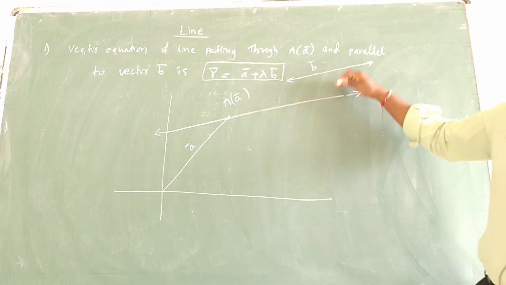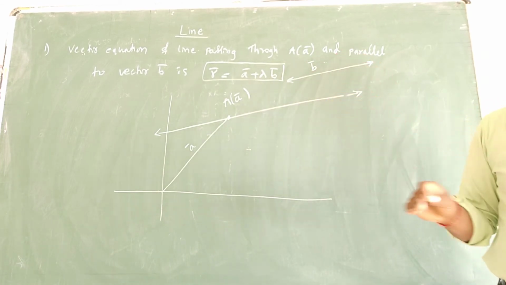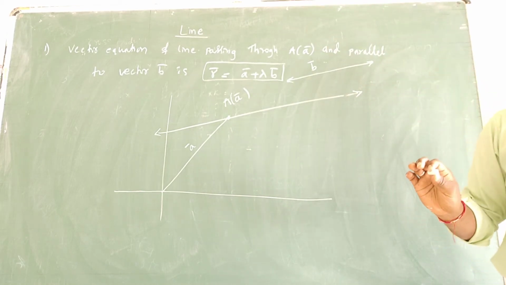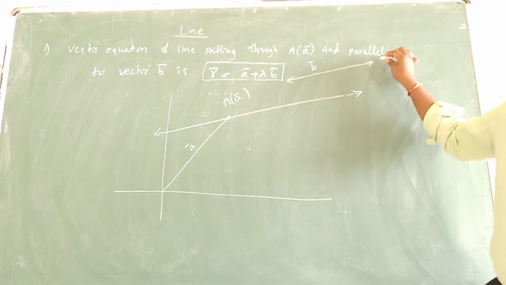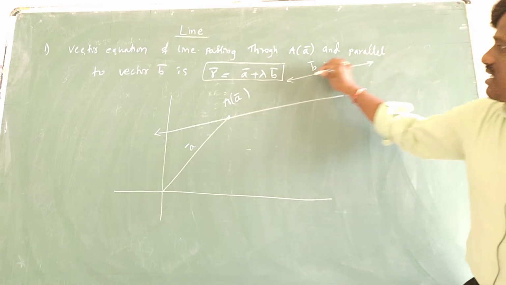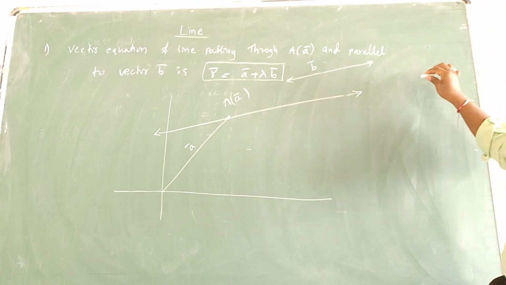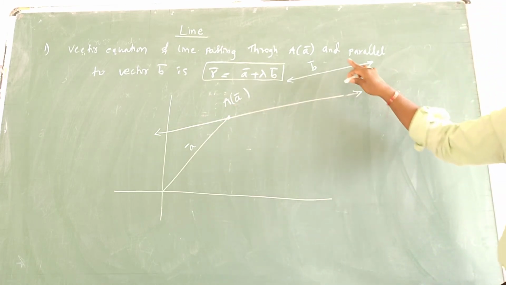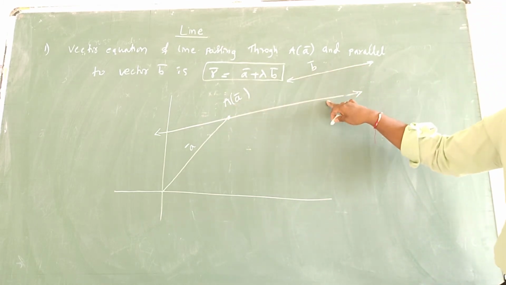When two vectors are parallel, we can say one vector is some lambda times the other vector. That is the direction. If B vector is the given line, and to find the line you want a direction, then you have to multiply by lambda.